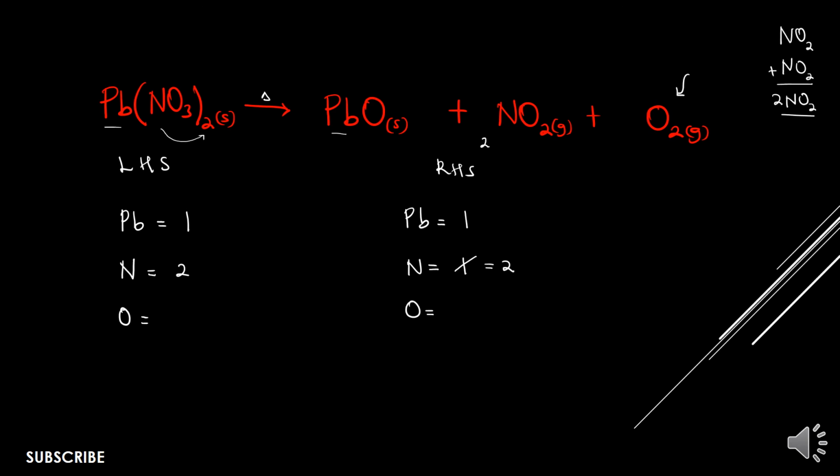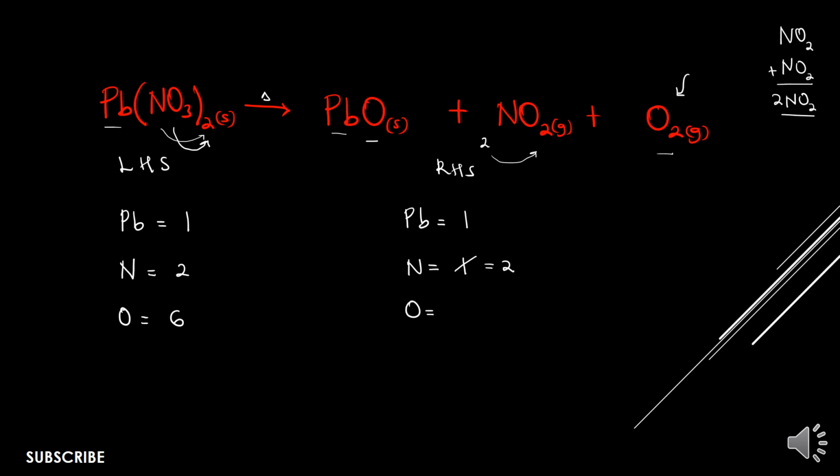So we are left with oxygen. Oxygen on the left hand side we have 3, but 2 times, that is 6. Right hand side we have 1 plus 4, that is 5, plus 2, that is 7. But let me write it like this.